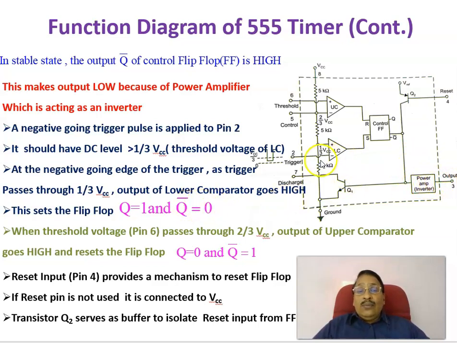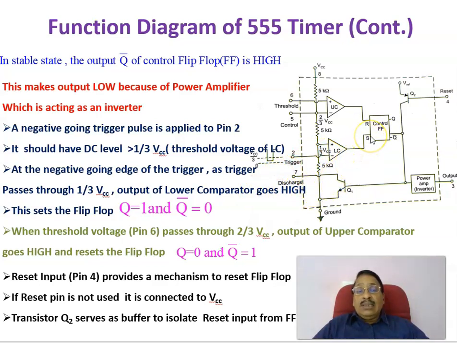That is why, when a negative going trigger is applied at pin number 2, as this voltage goes less than 1 by 3 VCC, the output changes to 1. As the trigger passes through 1 by 3 VCC, the output of the lower comparator will become high.